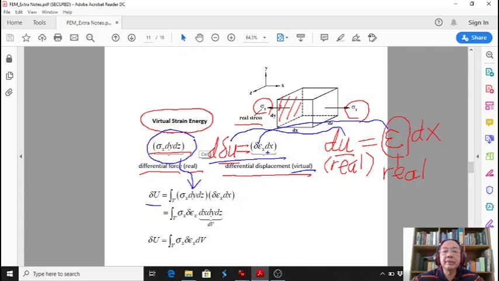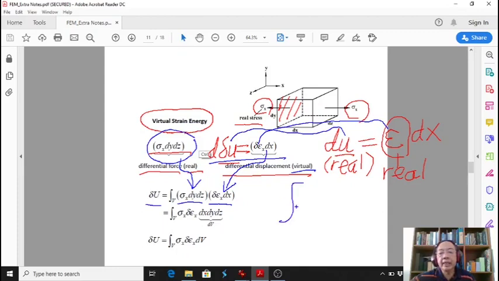The force is real, and the differential displacement is virtual.